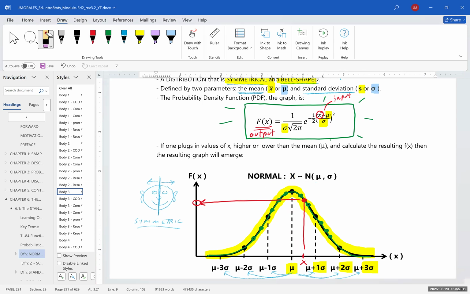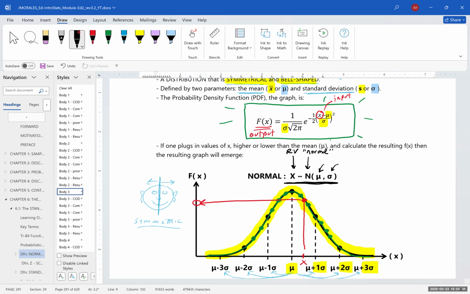Now, there is a shorthand for the normal distribution, and it's this here. What this shorthand means is that we've got a random variable x. This capital N means we're dealing with a normal distribution that has a mean and a standard deviation of a certain number.